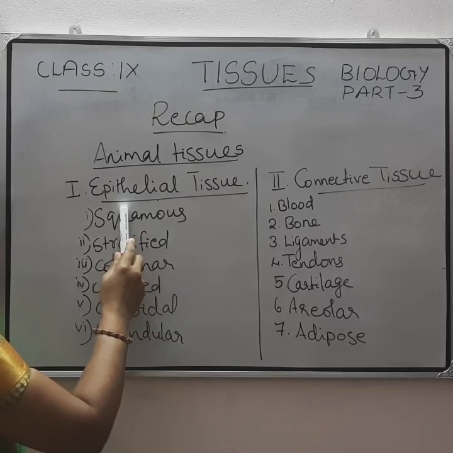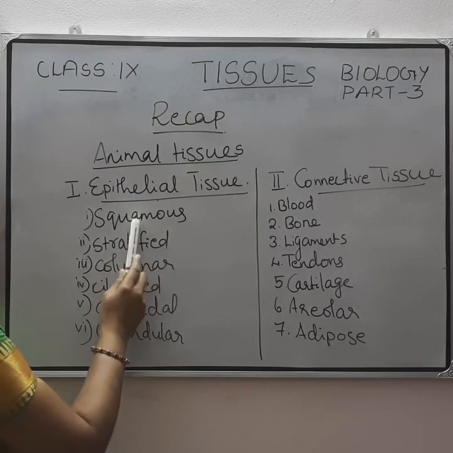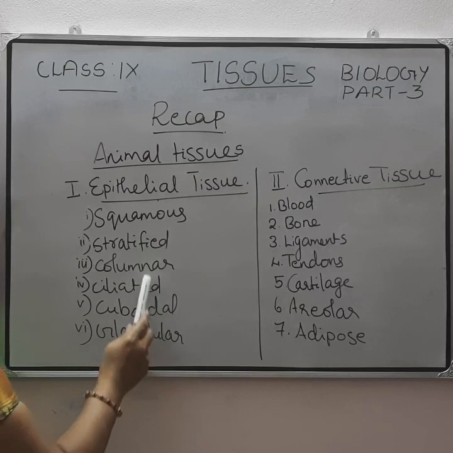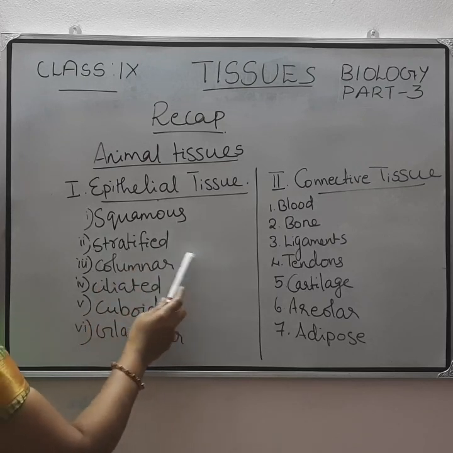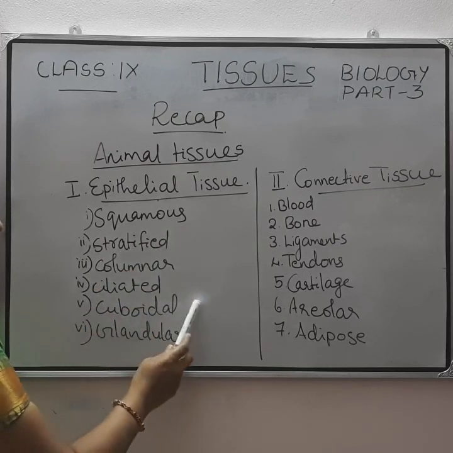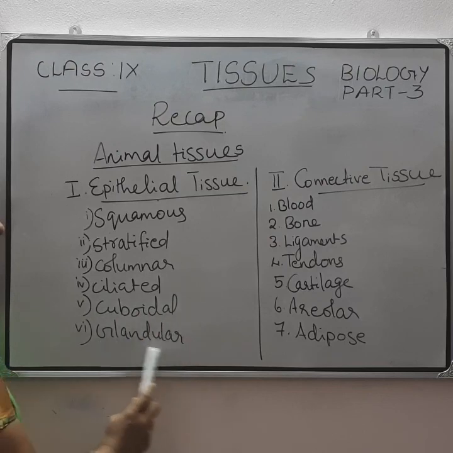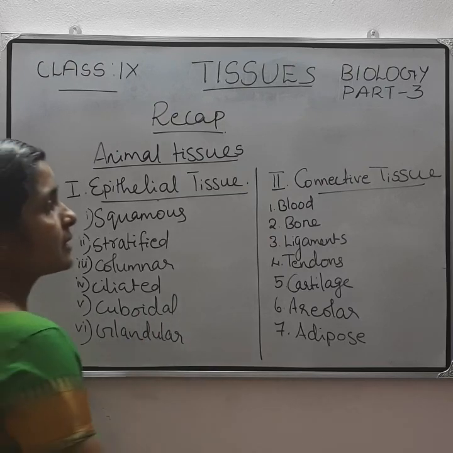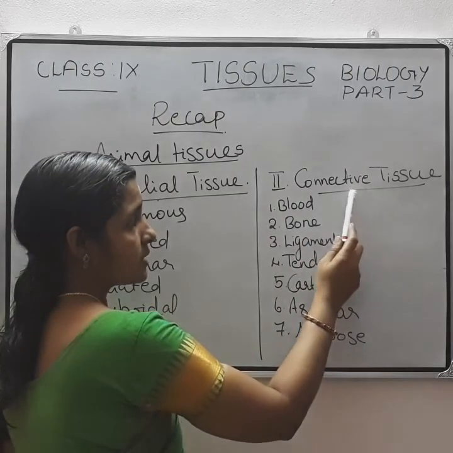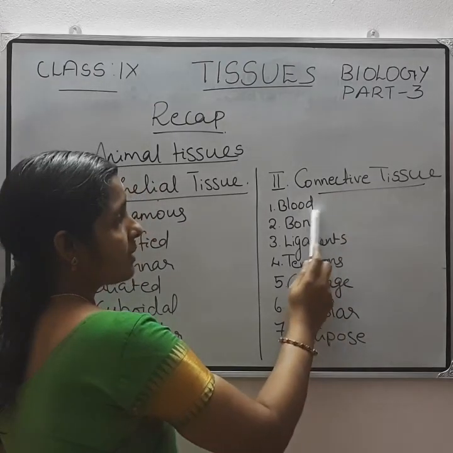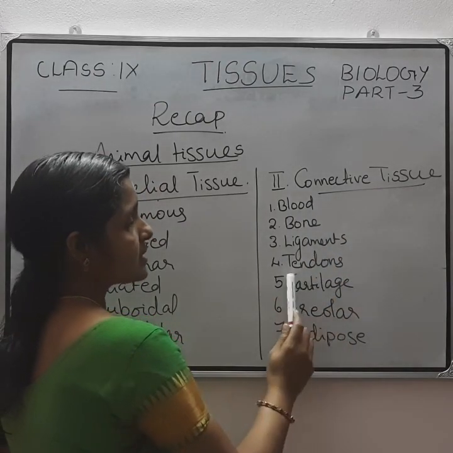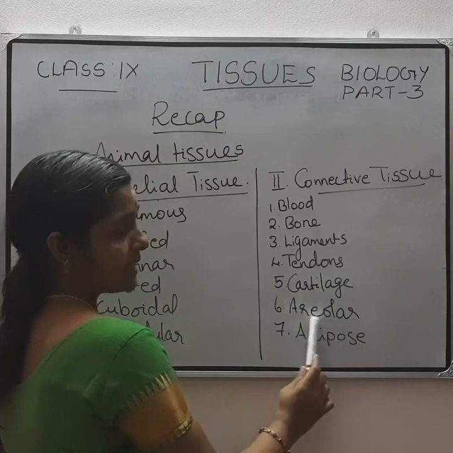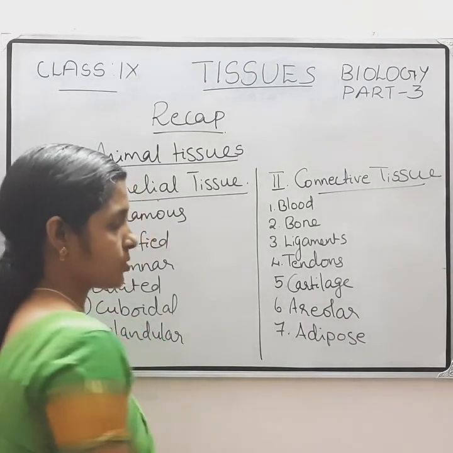Different types of epithelial tissues are squamous, stratified squamous, columnar, ciliated, cuboidal and glandular epithelial tissues. Then second is about connective tissues. Different connective tissues are blood, bone, ligaments, tendons, cartilage, areolar and adipose tissues.